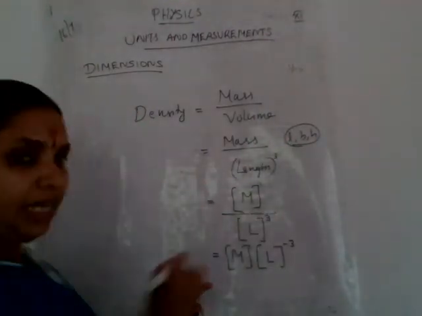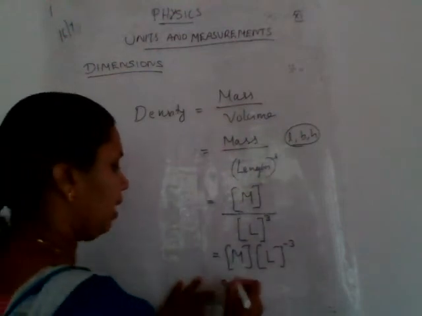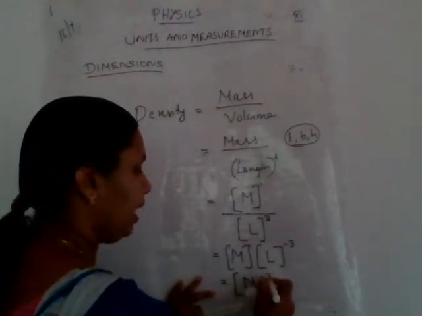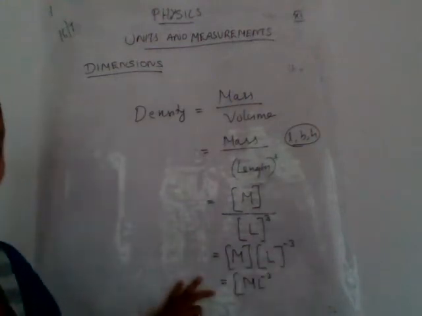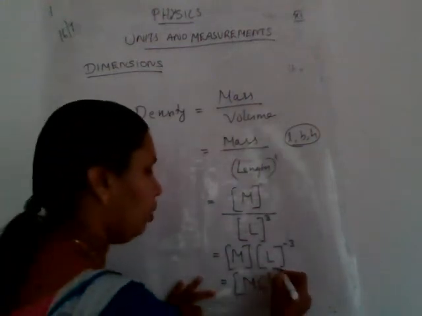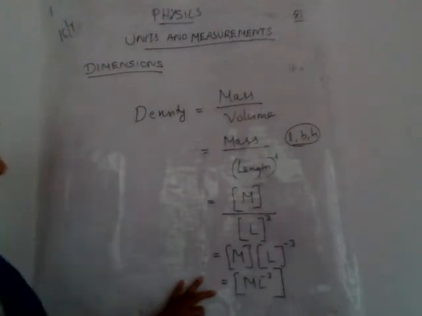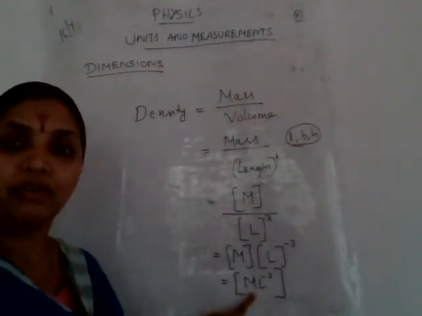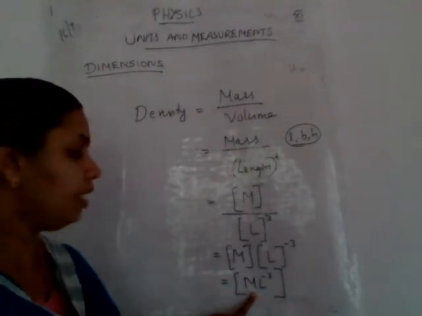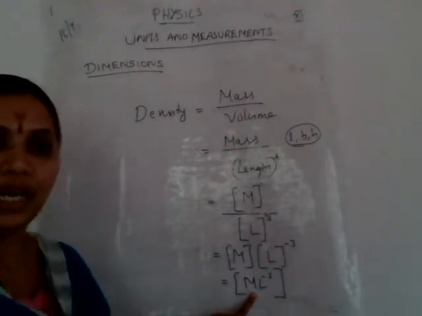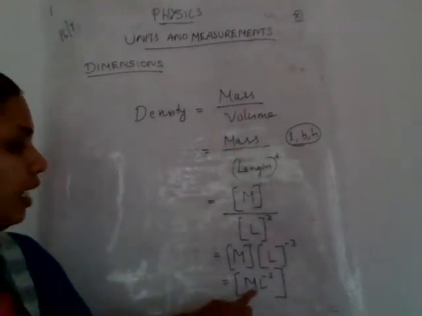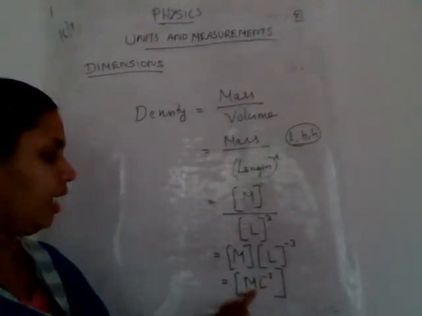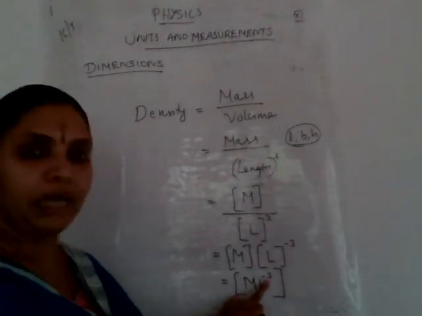We put it in a single square bracket: M L minus 3, close the bracket. This is the dimension of which physical quantity? Density. The dimension of density is ML raised to minus 3.